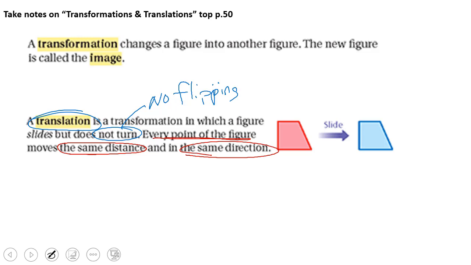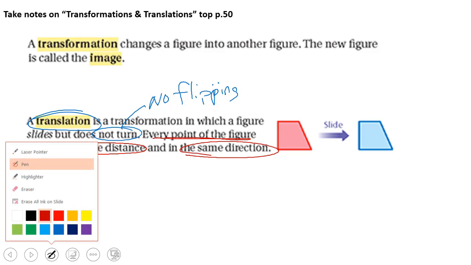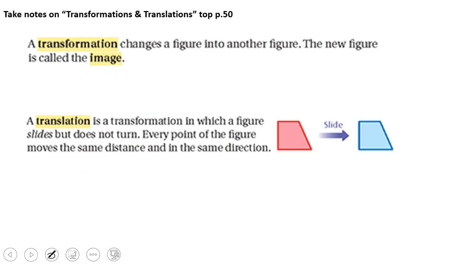Now notice, to help you understand about orientation, I'm going to label here. And I'm going to put A, B, C, D. And then this thing translates. One of the transformations is to translate. In other words, it slides. And it slides over to the blue figure.